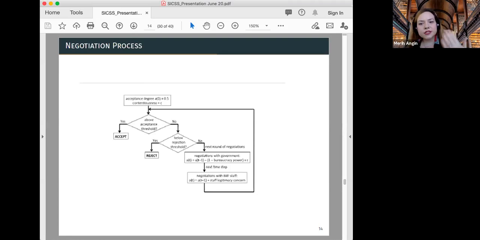At each time step during the negotiation for a condition, the acceptability level changes based on the preferences of the negotiators. The negotiation is only over when the acceptability level is above a certain threshold, in which case the condition becomes part of the program, or below a certain threshold, in which case it is not included in the program.